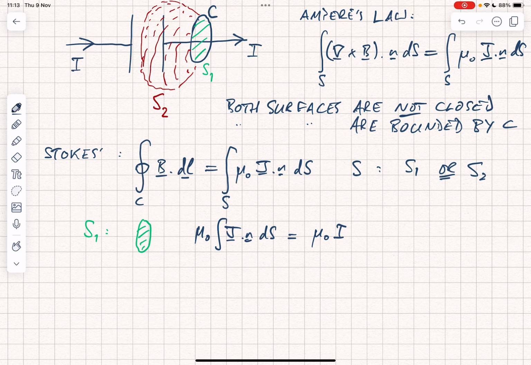The total current flowing through the wire is I, therefore the surface integral of the current density J must be I.